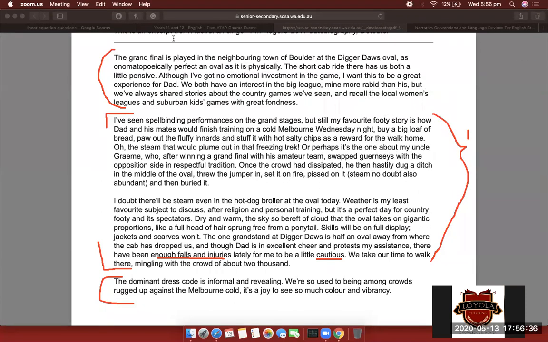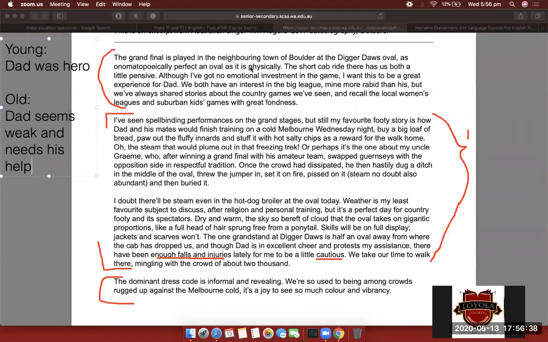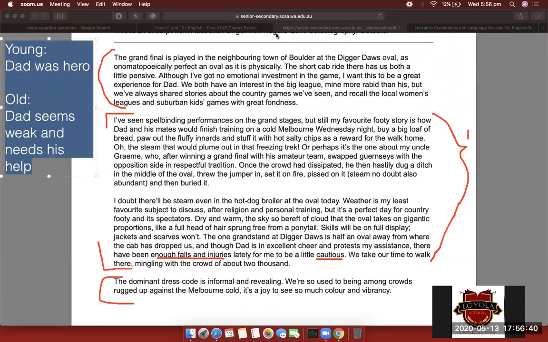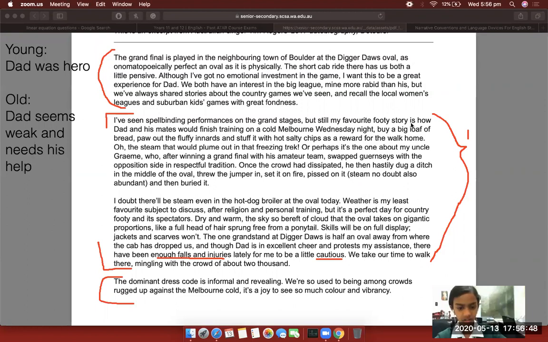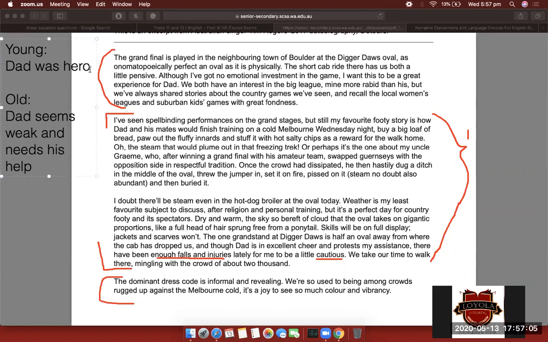Is there anything else you want to talk about the relationship? Anything else, guys? No, not just how it's changed, but give me more details about when they were young. Do you want to talk about anything else that he and his dad did when they were young? So dad was a hero when he was young. What else?